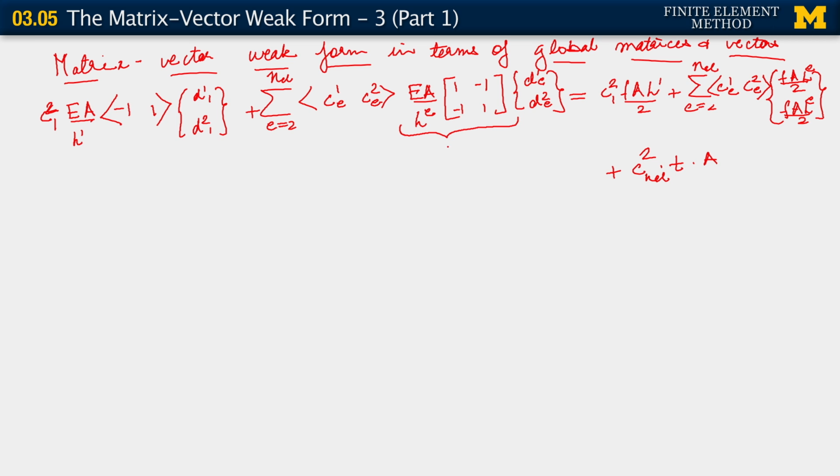We will denote it as K sub E, where K is a general symbol used for stiffness. Likewise, we can call this vector the force vector for element E. Let me just state what these are called.